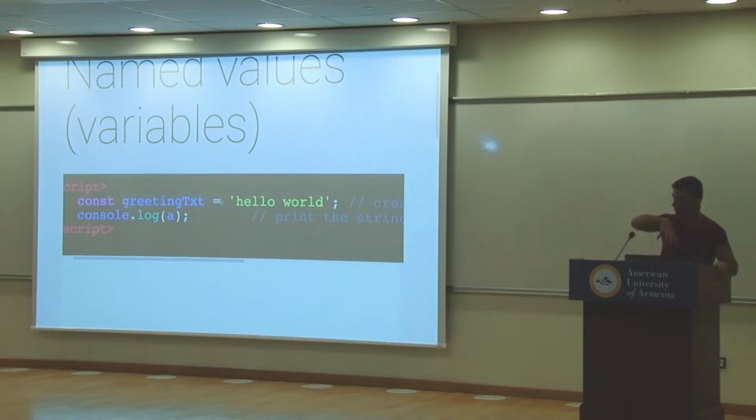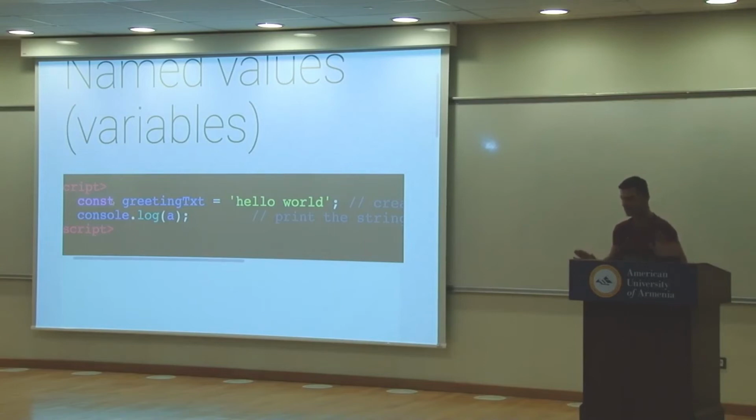With me so far? The way I know that this is a variable is with this, const. Const is short for constant. What I mean is once I've put something into the box, I can't then change what's in the box. I'm not allowed to take it out and put something else in its place. Once I put the stuff into the box, I'm done.